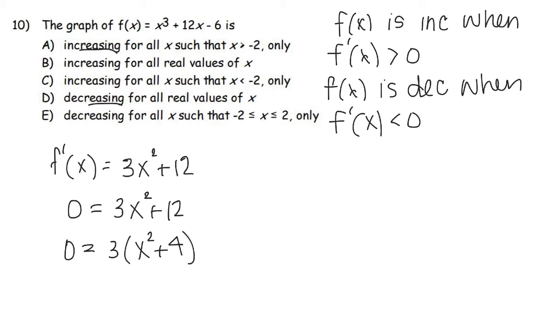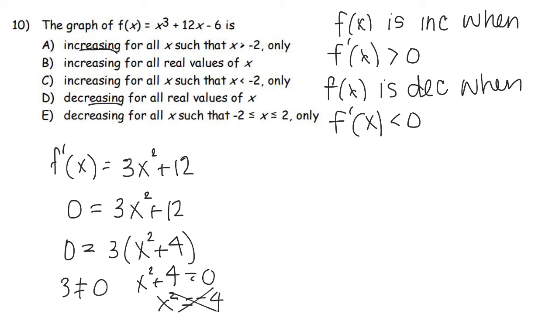If I set this equal to 0, well, 3 can't equal 0 because it's too busy being 3. X squared plus 4 equals 0 gives x squared equals -4. When I take the square root of a negative, I get imaginary numbers, and we're not dealing with those. So this isn't crossing the x-axis.